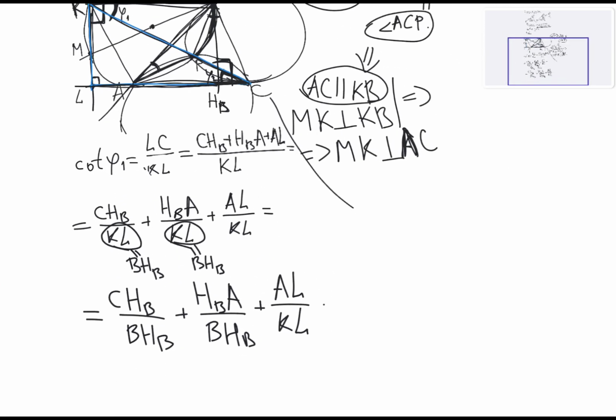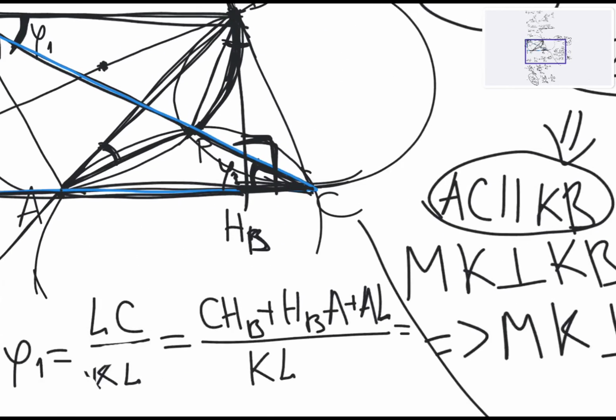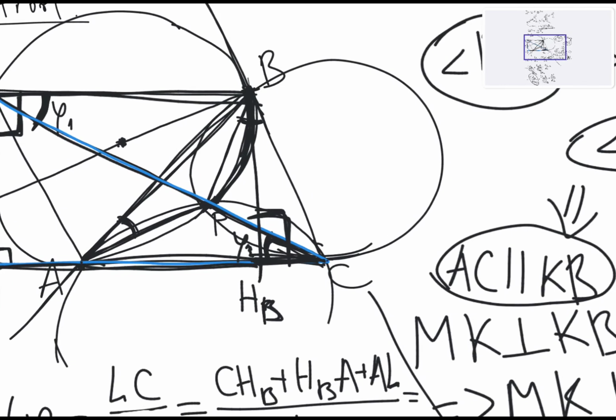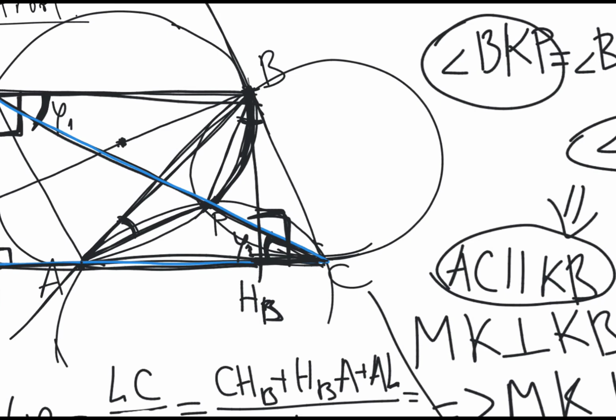So what is CHB over BHB? Let me highlight it with green. So CHB over BHB. These are the 2 sides in a right triangle, right?